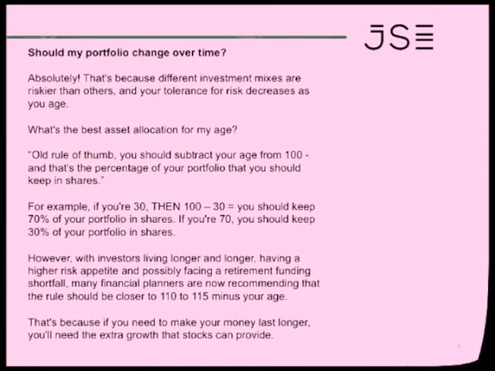So what we tend to say to clients nowadays, rule of thumb is minus your age from about 110 to 115. So if you're 30, you should have about 85% equity exposure in the markets. And as you get older, if you live to 100, clearly you should be in cash. Very little equities in your account. So that's a rule of thumb, but you should be a little bit more scientific than this, but you can use that as a starting point.